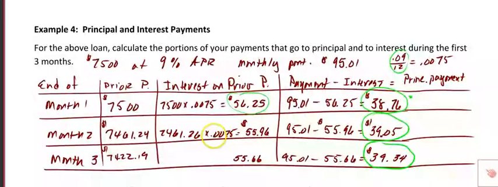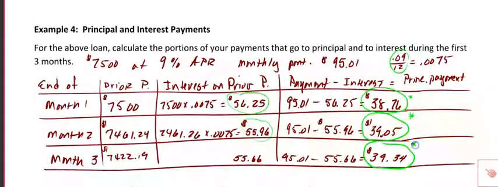Now I'll multiply it by the 0.0075 to figure out how much interest I owe on that principal, and the interest is $55.96. If I subtract that from my payment of $95.01, I find out that in month 2, the amount of money being paid towards my principal is $39.05.